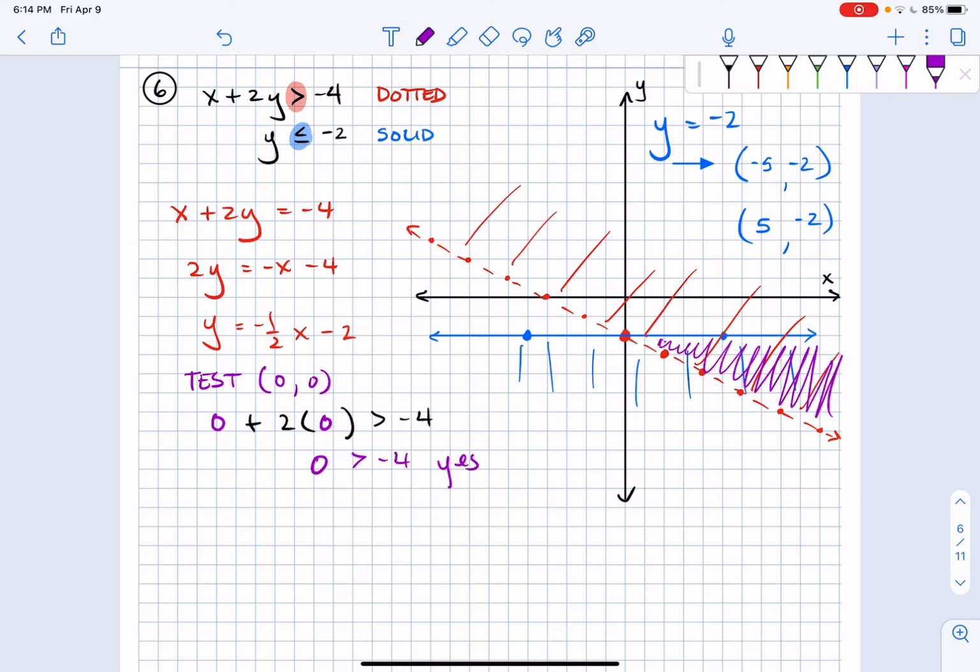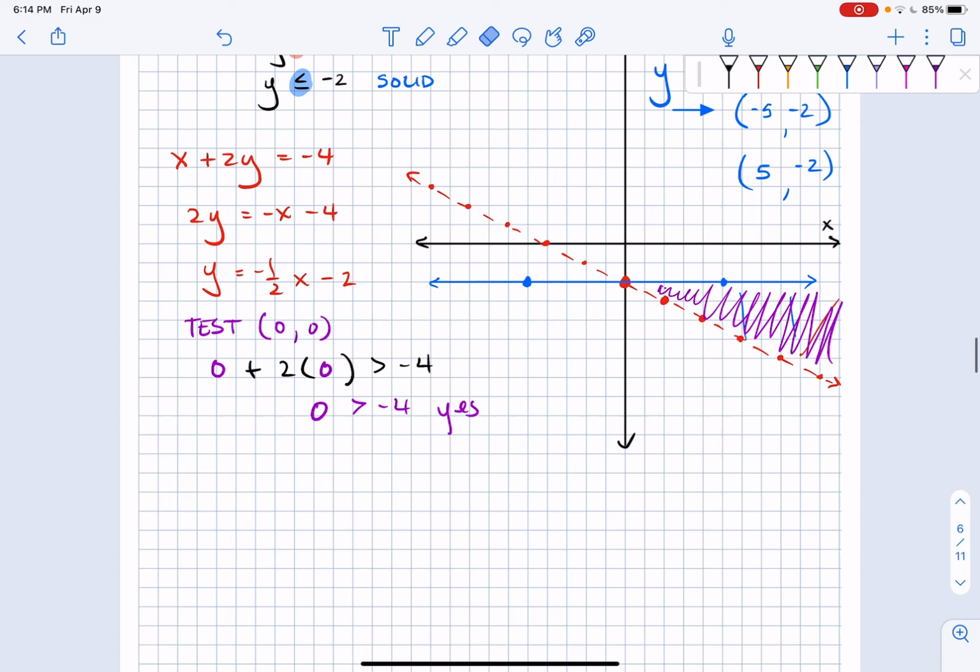So that means the rest of this is really kind of useless. That is where my solution is, and that's going to match the graph that is choice D.